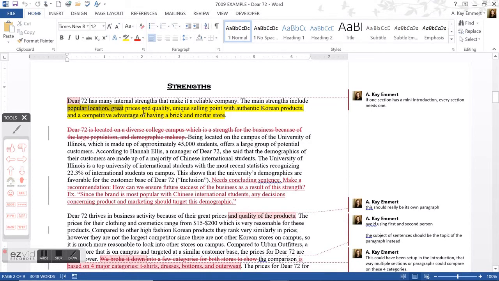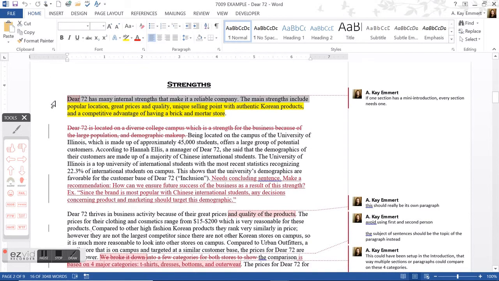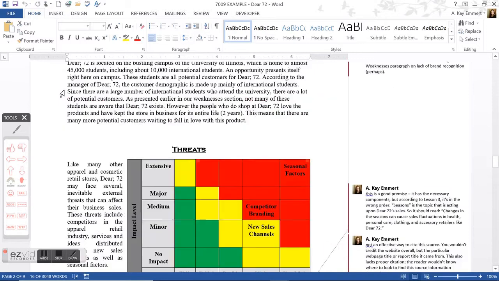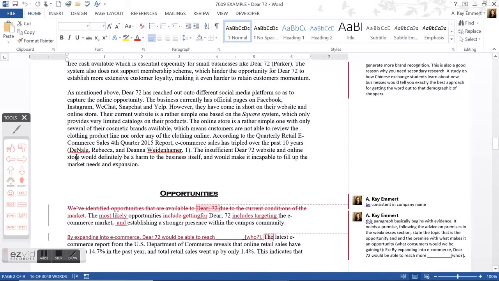But if one section has a mini introduction, all of them should. So if you scroll down to weaknesses and opportunities, they don't have a mini, well, opportunities does, but weaknesses doesn't. So make sure that if you choose to have a mini introduction, you do it in each section.